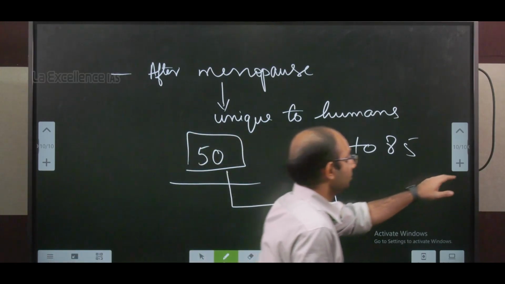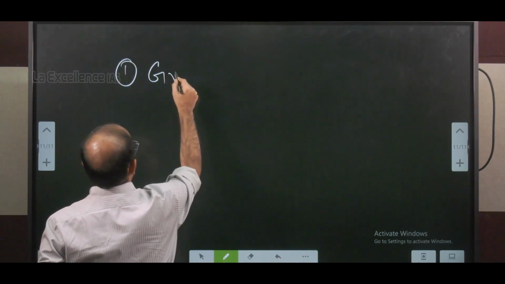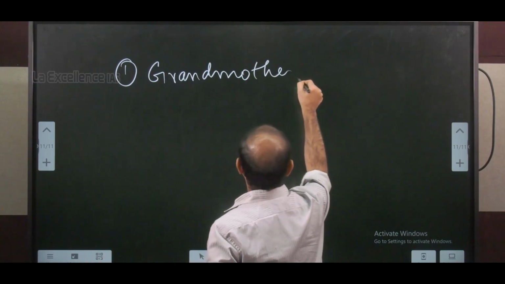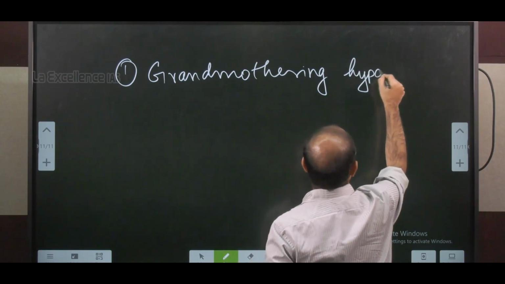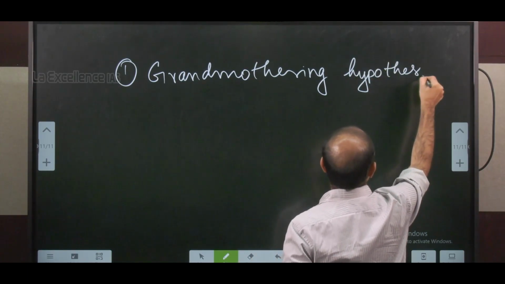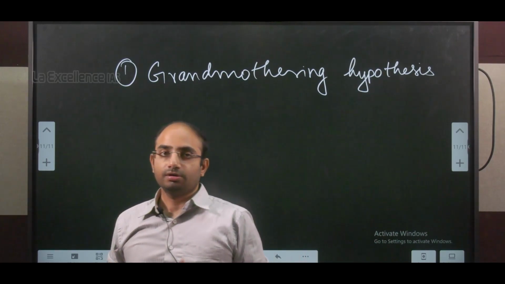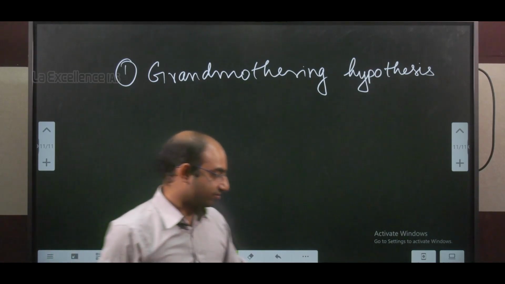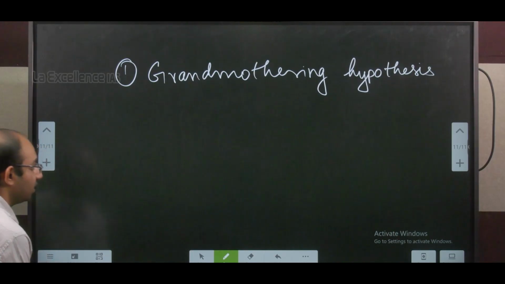So why do they have this gap? To explain this, there are two theories. One theory is called the grandmothering hypothesis. What does the grandmothering hypothesis tell? This hypothesis asks why natural selection is favoring this kind of thing where women have a long life after menopause.